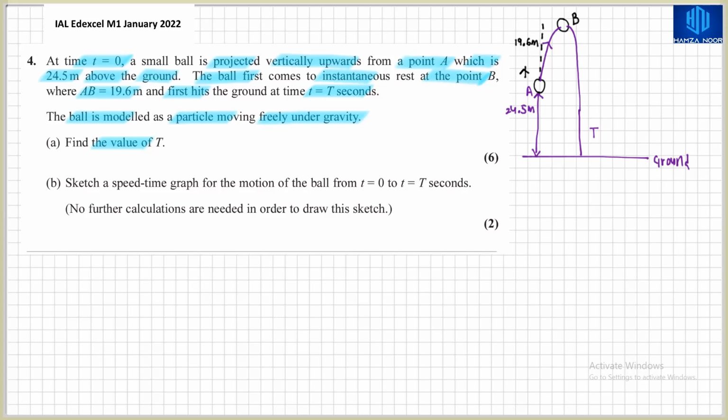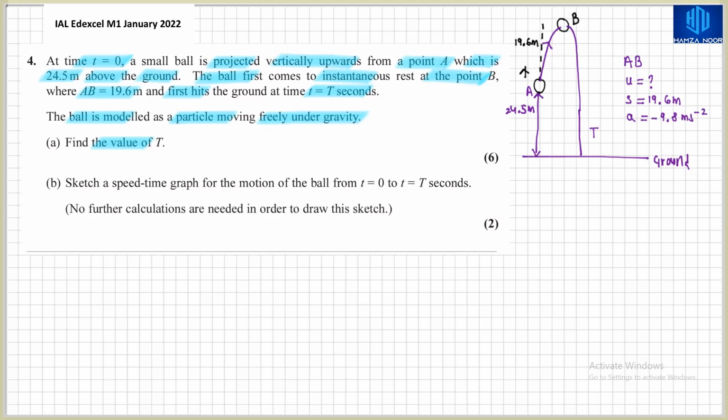So we are going to consider the AB part of the journey, and first find the initial speed, which is unknown to us. We are considering the journey from point A to point B. The displacement would be 19.6 meters, since point B is 19.6 meters above point A, and the acceleration would be due to gravity, which is minus 9.8 meters per second squared.